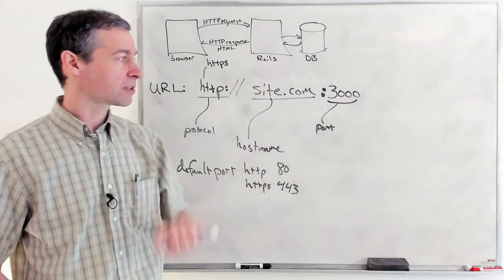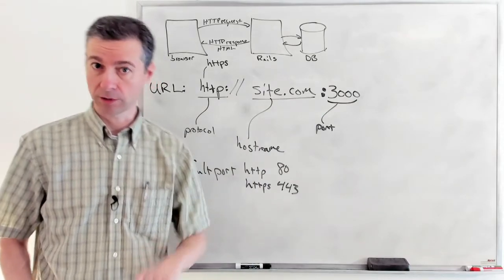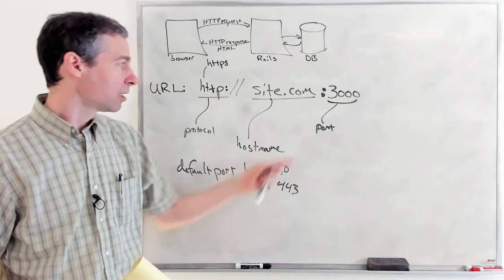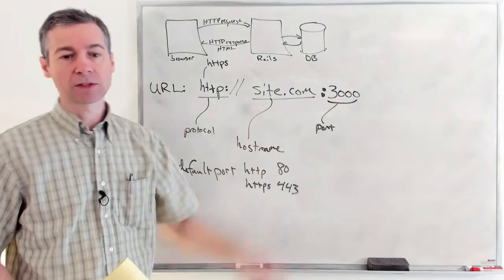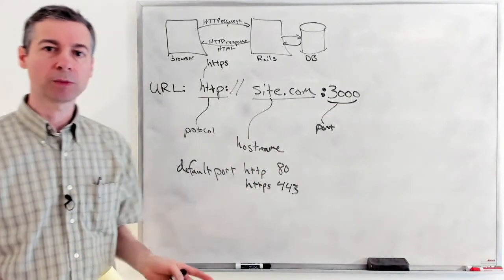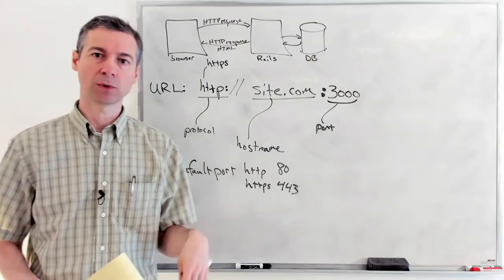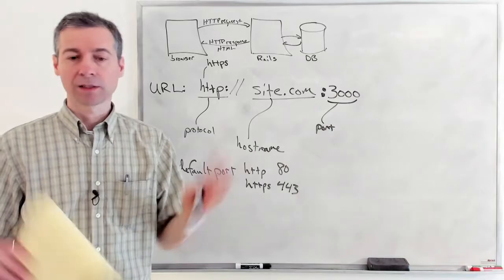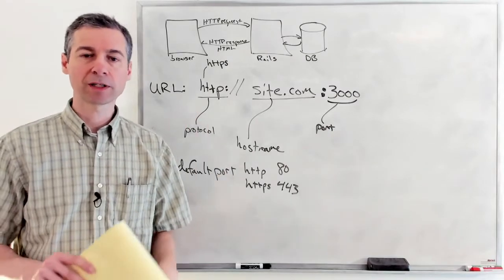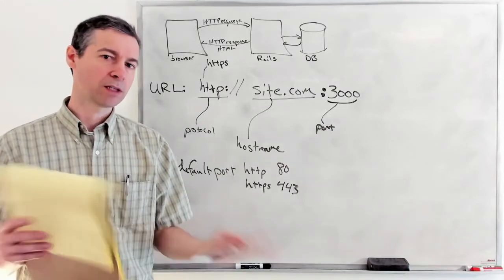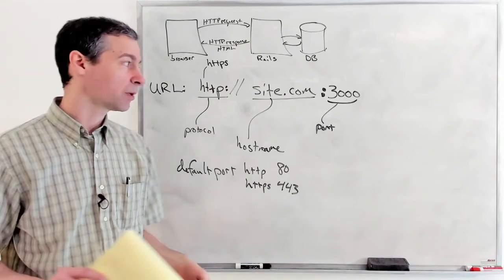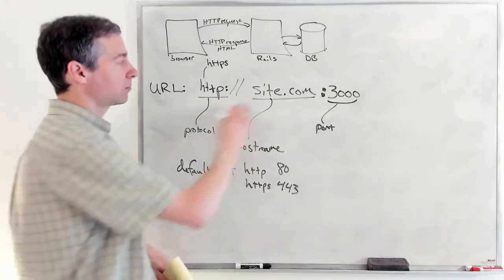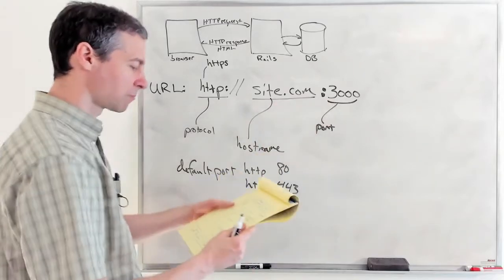This is like saying, please connect me to extension 3000. The default is 80. Where are we going to see 3000? 3000 is when we do development. The default for Rails for development work is port 3000. Don't worry about it. We'll tell you how to set everything up, and then you won't notice or think twice about this. Nevertheless, there can be a port as part of putting this together.